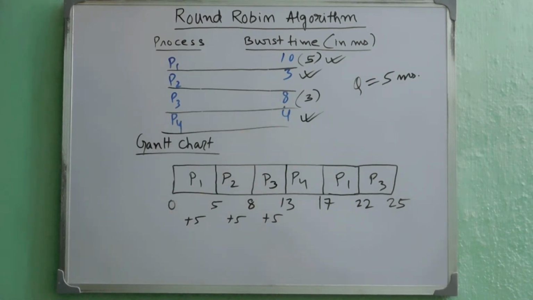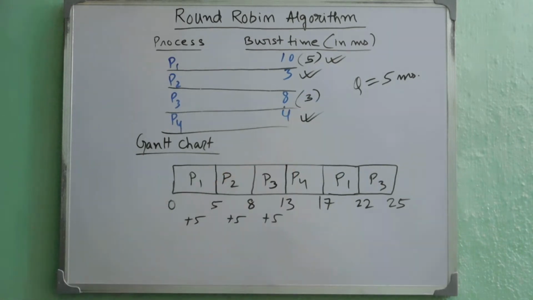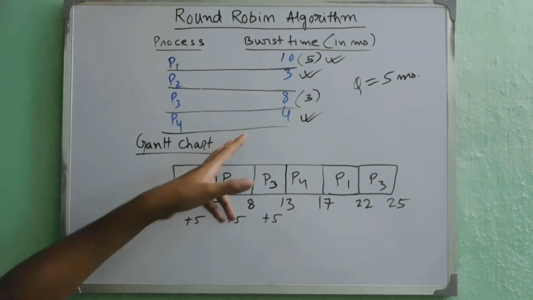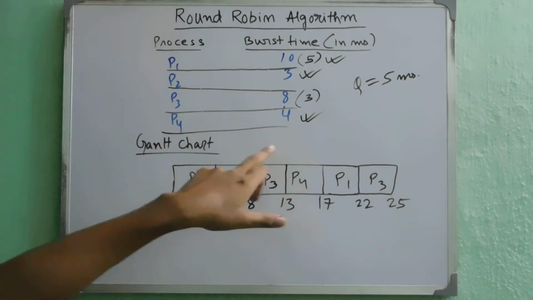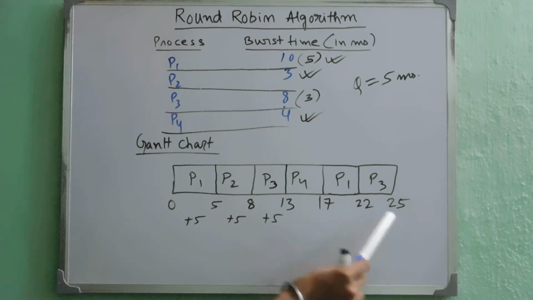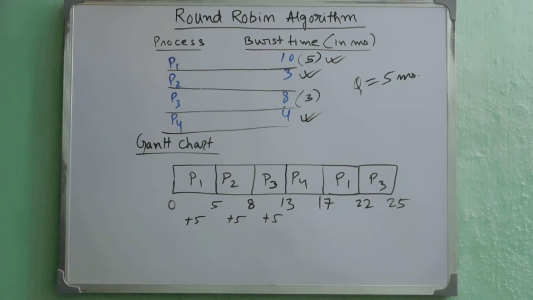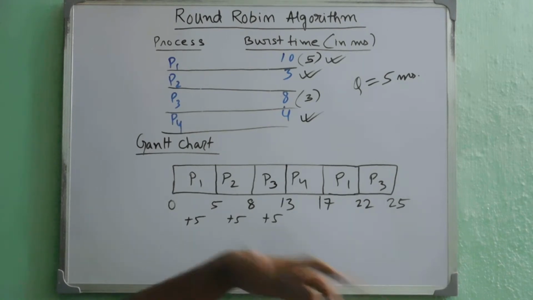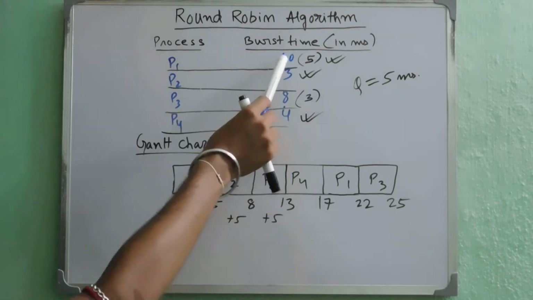So it will utilize completely its allotted 5 milliseconds, and then it will have 3 milliseconds left for execution. So we will leave it there and move on to P4, which has burst time 4 milliseconds. So it will not utilize completely its allotted 5 milliseconds, and it will complete its execution before that allotted time. After that we will move on to P1.